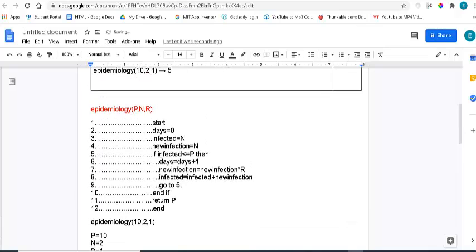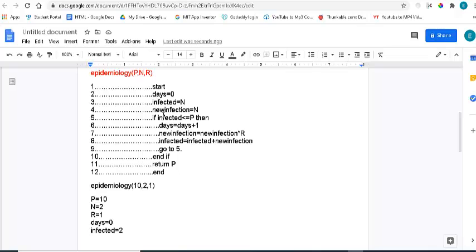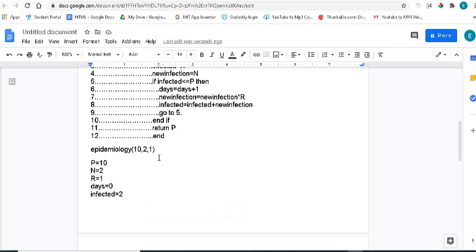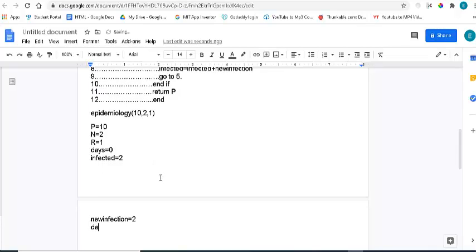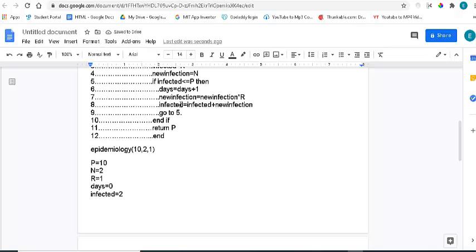Now I'm going to go through the loop. Is infected, remember infected is 2, is 2 less than or equal to 10? Yes. Then the days is incremented by 1. So days becomes 1 because days is 0. And new infection is new infection times r.